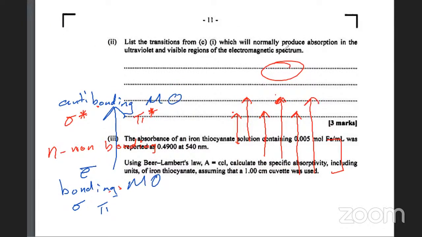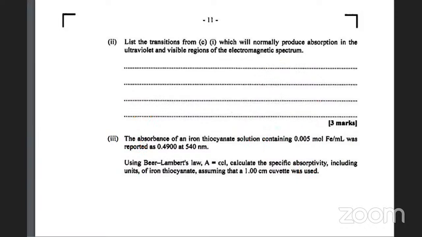Now let's list the transitions which normally produce absorption: anti-pi from non-bonding, anti-sigma from non-bonding, and anti-pi from pi. So these are the transitions that will work in that region.